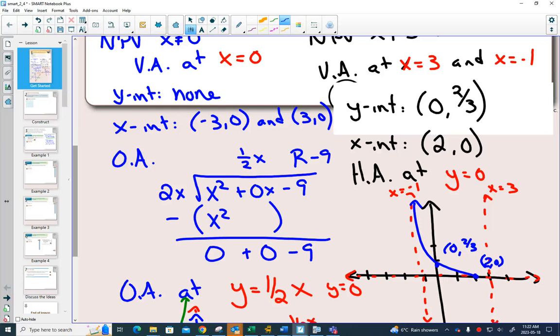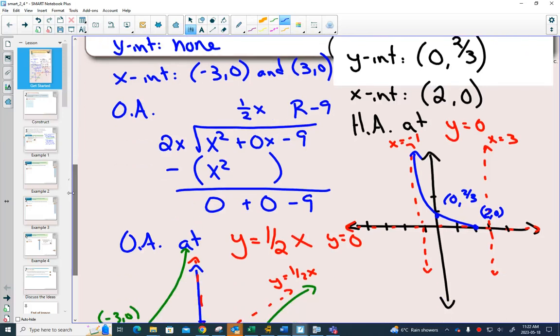And there's a couple of ways you can determine this part. We know that it's going to go down towards the asymptote. Either you'd have to plug in a nice point like 2.5 and find out where that is, or you could see that your x-intercept at 2 has a multiplicity of 1.